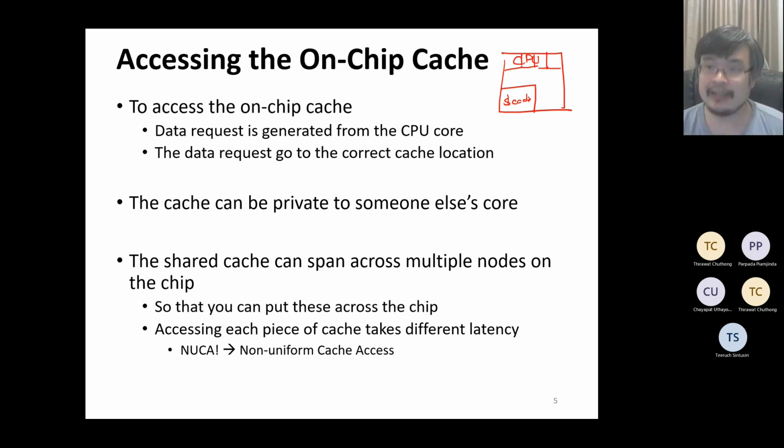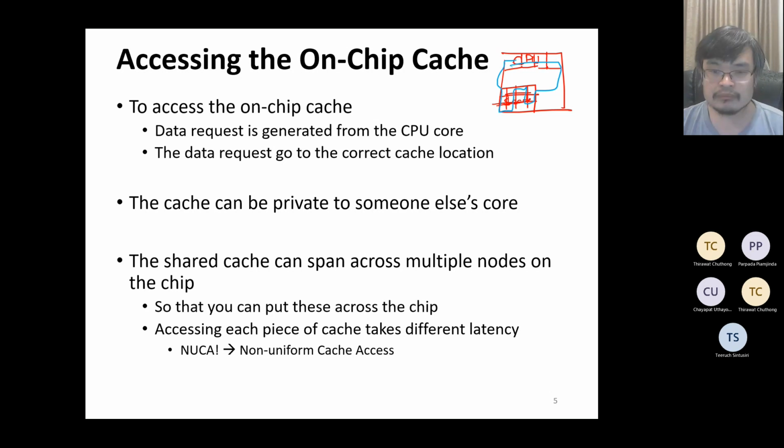Now you think of this island, right? Because now your cache is also becoming its own island. And you need to make sure there's a way for you to connect everything in here. So the goal is, first of all, you want to make sure you can connect the components together so that they can communicate and send data from one place to another.